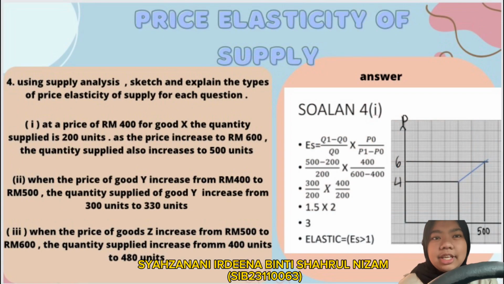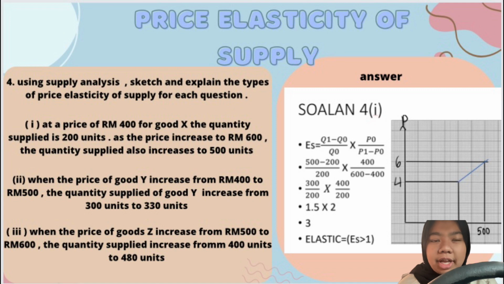Thank you. So ES equals quantity 1 minus quantity 0, divided by quantity 0, times price 0 divided by price 1 minus price 0. So we take 500 minus 200, then divide by 200 and times 400 divided by 600 minus 400, and we get 300 per 200.